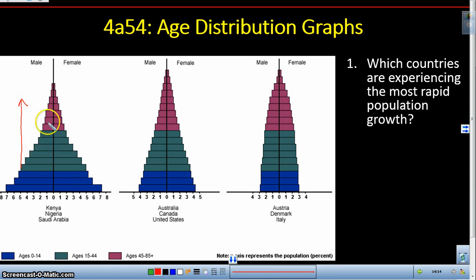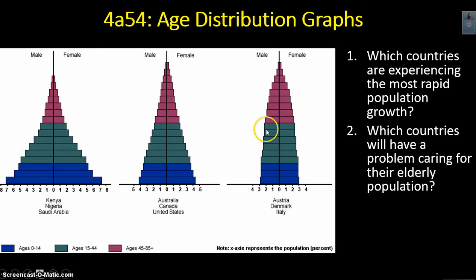They're going to go like this. Eventually, instead of a small population like this, we will have a large population here. So which one's experiencing the most rapid growth rate? Kenya, Nigeria, Saudi Arabia.